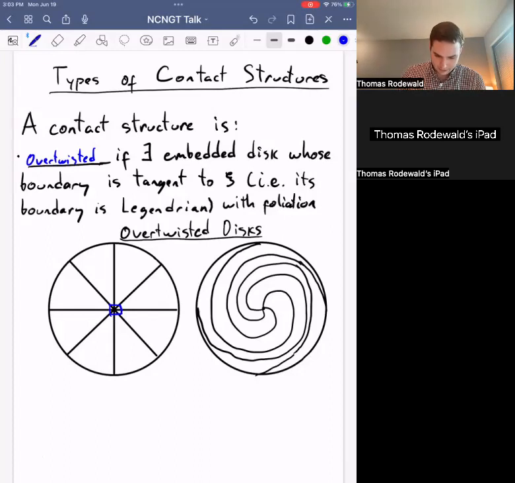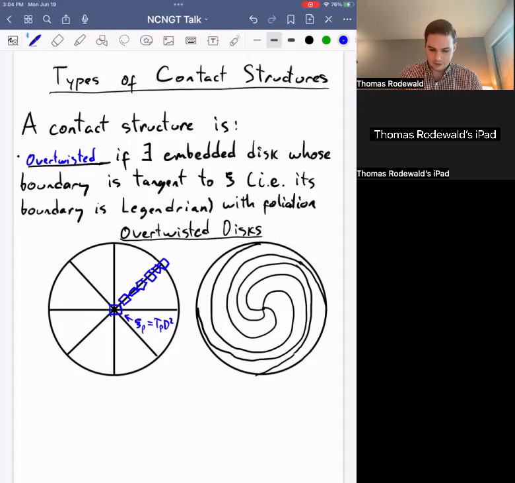Those singularities are the points where the contact plane at that point p is equal to the tangent space of the disk at p. Then as you go along these foliations, the contact planes twist, and they've completely turned over once they've hit the boundary.